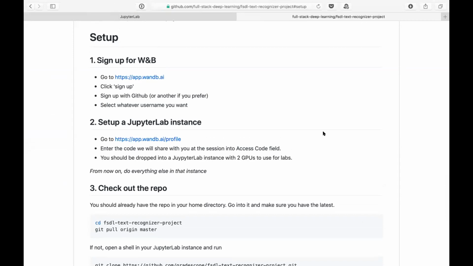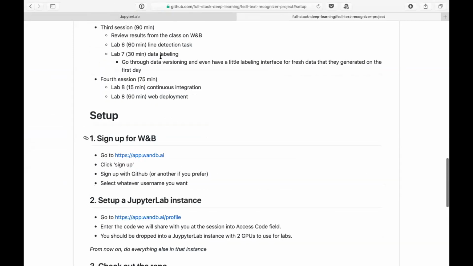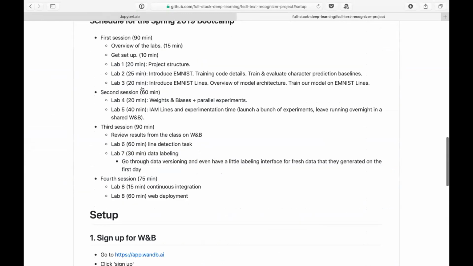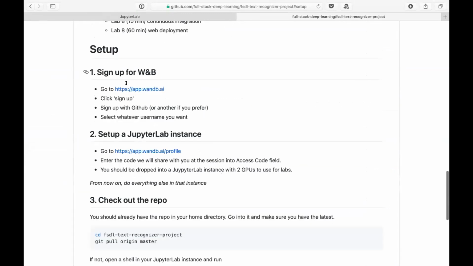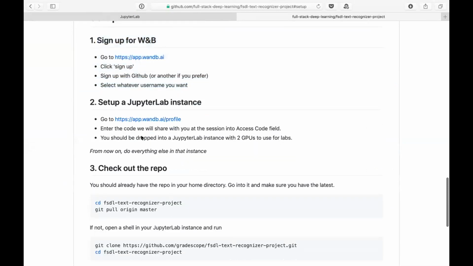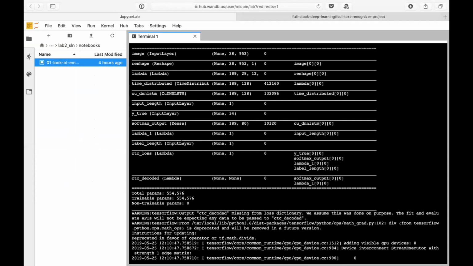Okay. And this is the main repo page. If you have a look at the setup, this is what you have to do in order to get a user. Then on this page, you can enter the code from the PDF. Do you see the terminal again? Yes. Okay.